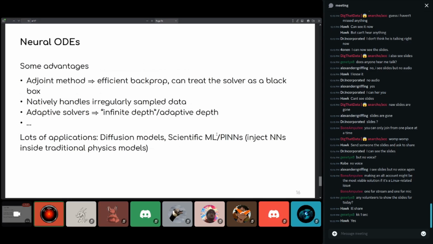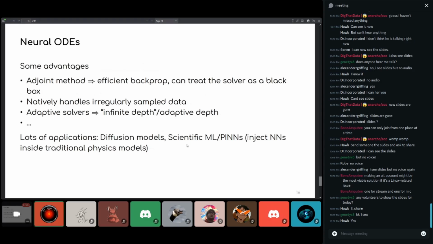And so that's nice because it means you can interpret this ODE as an infinite depth neural network, which might be a bit overblown or exaggerated. It's maybe more accurate to say adaptive depth because the amount of computation that you're doing depends on your input. So yeah, that's the main arguments that they pose for neural ODEs in their paper.